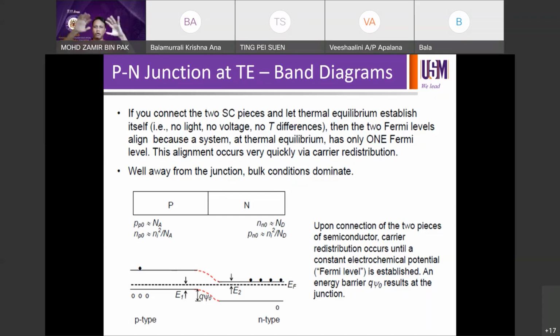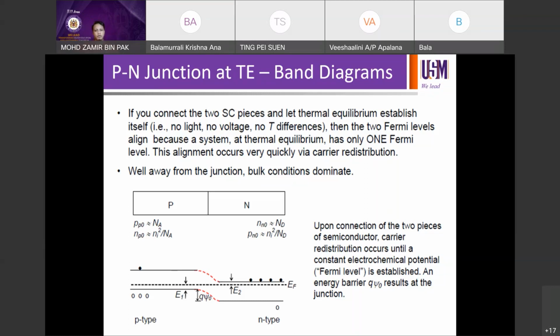If you can imagine over time, they are now independent. You bring them together, diffusion starts. Eventually, you're going to have drift slowly as well as diffusion. At the point where the diffusion stops, you are going to have a single Fermi level. And the moment you have achieved this single Fermi level, this is called the thermal equilibrium condition.